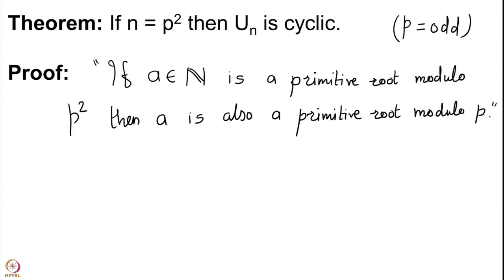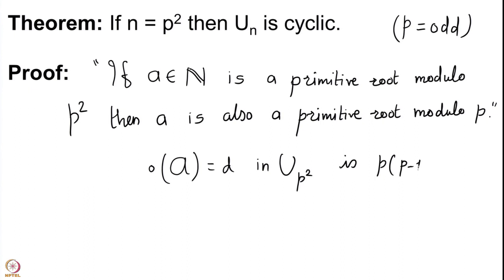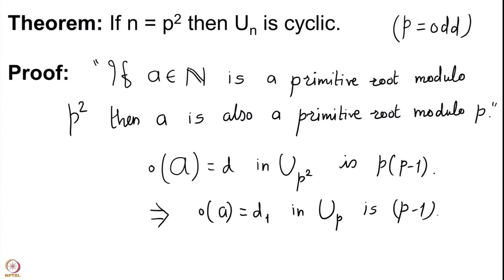So, what we observe here is that when we are starting with a being a primitive root modulo p squared, we will start with the assumption that the order of a modulo p squared, in U_{p^2}, is p(p-1). This is the order. We are starting with this statement. This implies that the order of a, which we can call d1 in Up, is p-1.